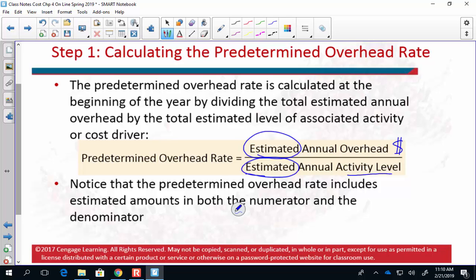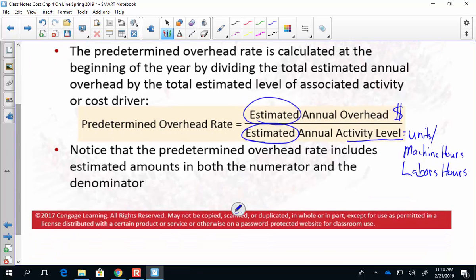What's the activity level? And this could be units, this could be machine hours, this could be labor hours. It's whatever the company feels is a good driver. Remember, a cost driver is what drives our cost amounts.